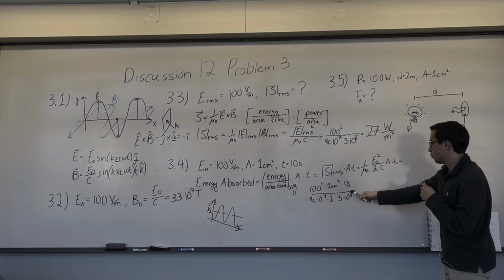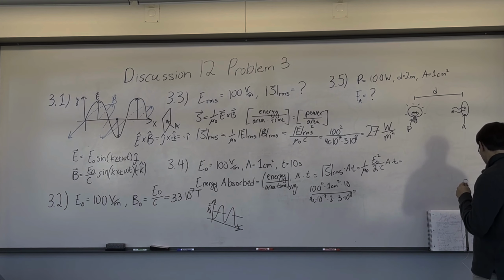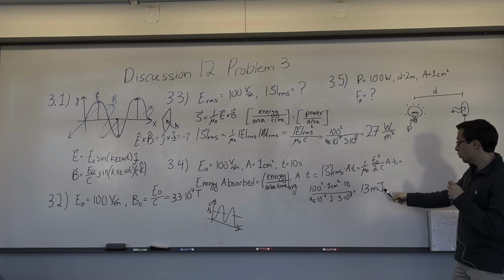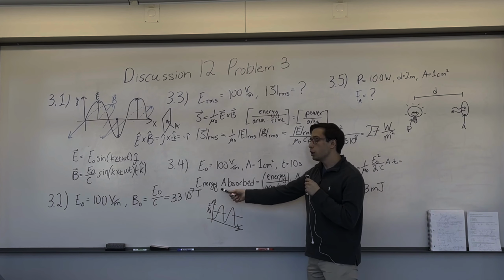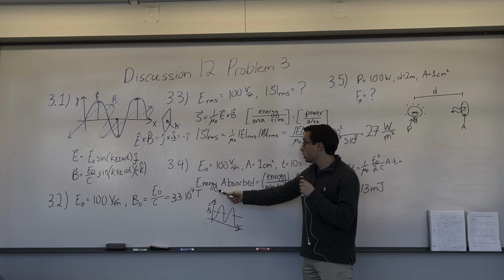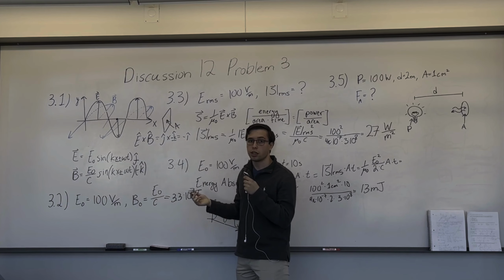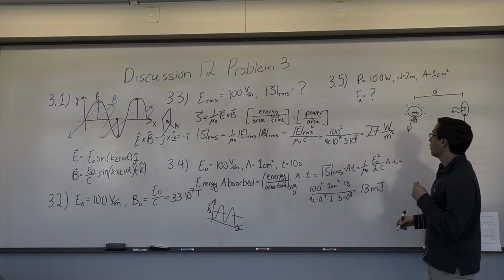And to save us some time here, we can combine all those things, and we should get something like 13 millijoules. And again, the unit, joules, is going back to how much energy. We're looking for an energy. The energy that's absorbed by our surface in 10 seconds. Right? So this is something we could measure.